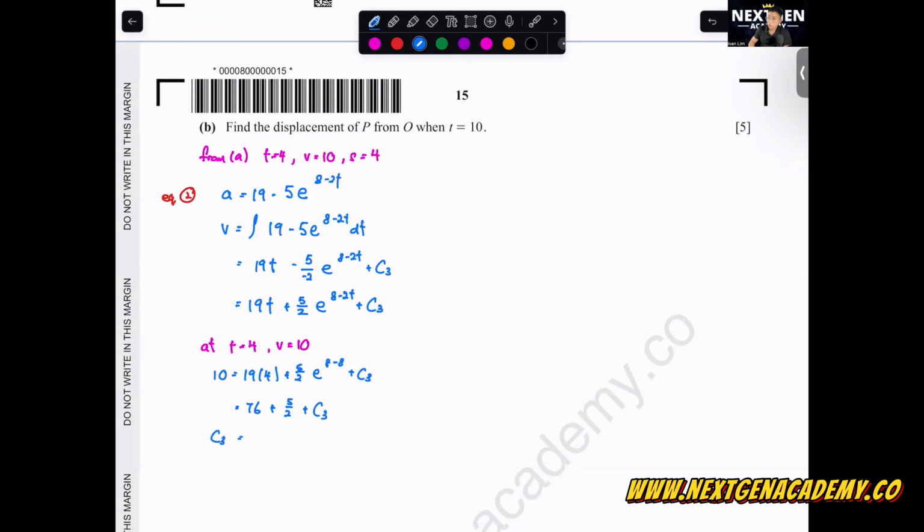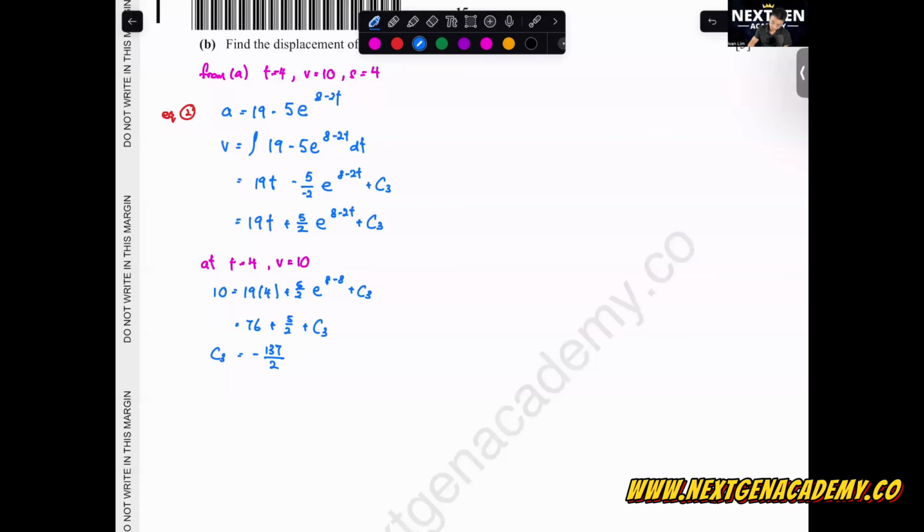C3 is equal to minus 137 over 2. So we will get here v is equal to 19t plus 5 over 2 e^(8 minus 2t) minus 137 over 2. Be very careful and double check, triple check it, because it's a continuation for the next part.